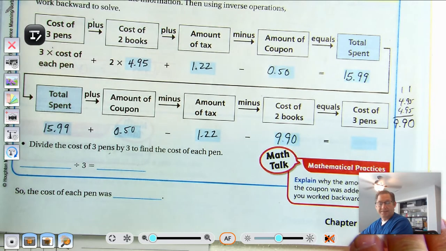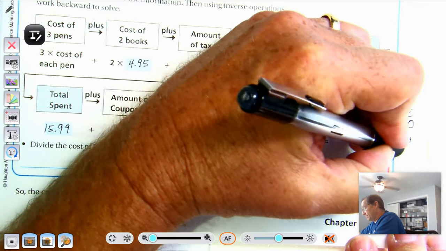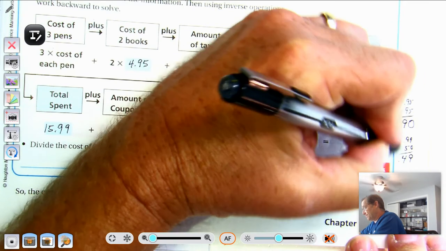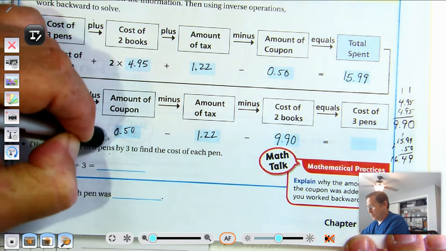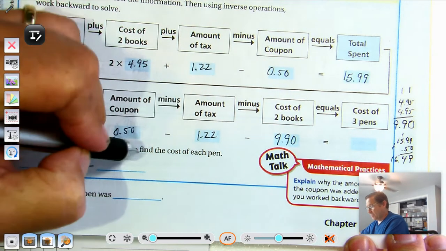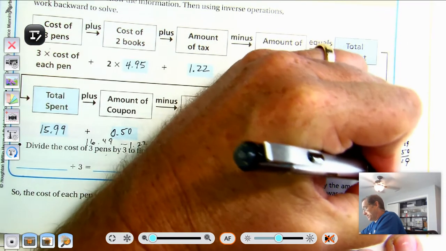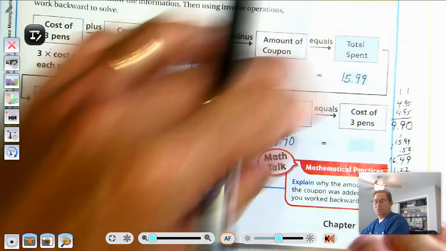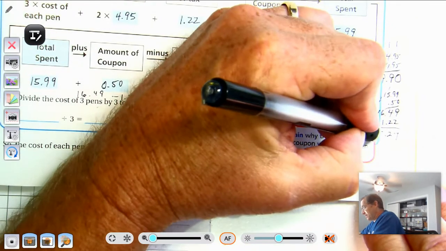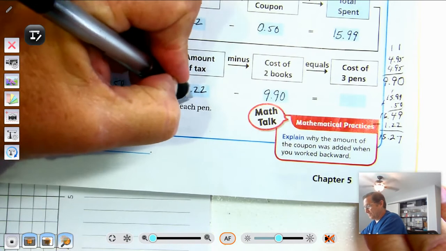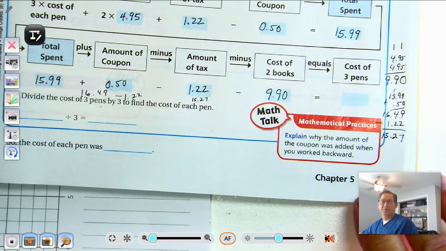$15.99 plus 50 cents. That's $16.49. Then we're going to subtract $1.22. So $16.49 minus $1.22. So we're at $15.27 when we subtract the sales tax.